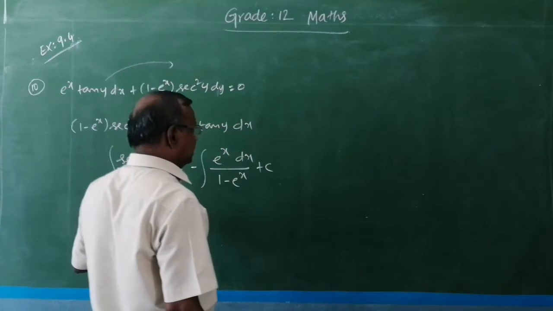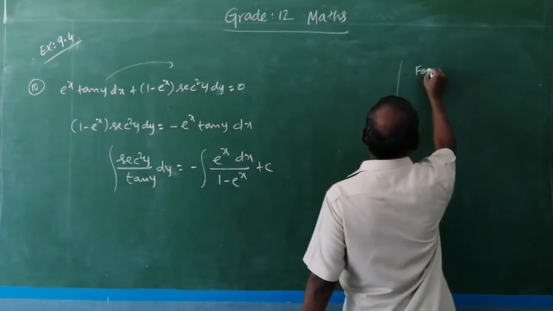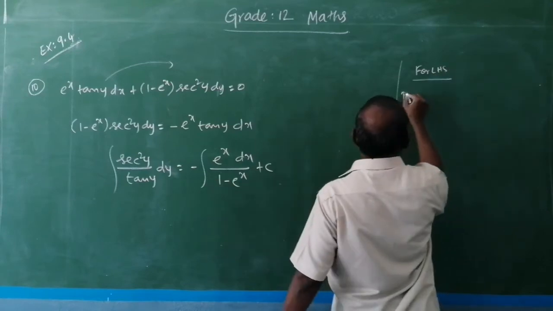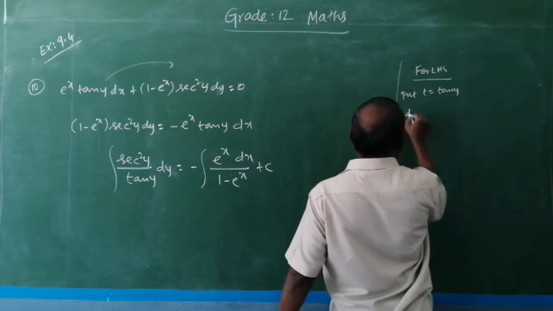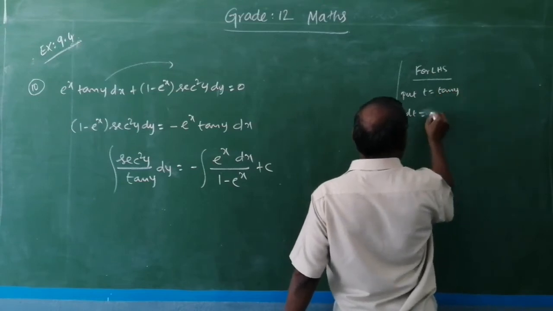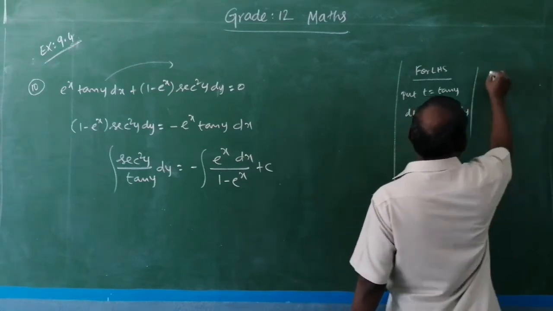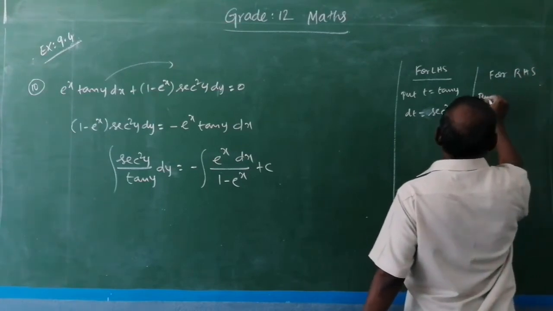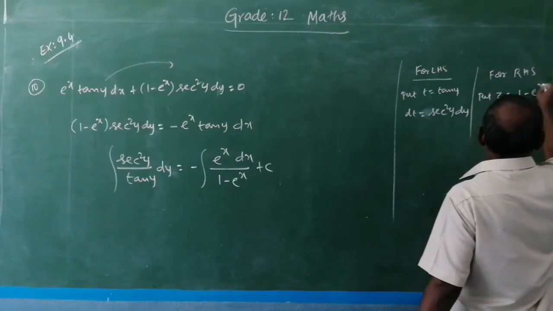Now for the LHS, put t equal to tan y. So dt equal to secant square y into dy, and for RHS put z equal to 1 minus e power x.